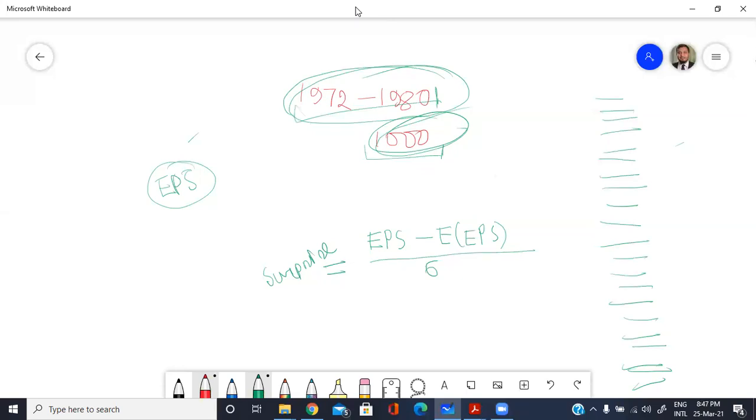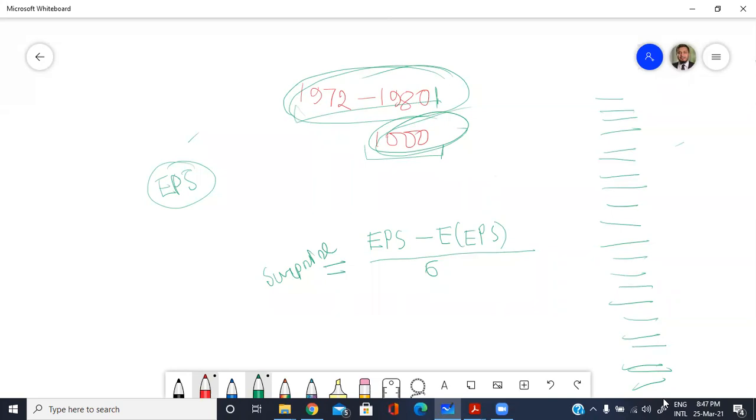I'm not wanting to make you do the calculation. I'm just wanting to make the concept understandable to you. Is the concept understandable to you? If we calculate this for all the events for 1,000 firms for this period, we will have a long list of earnings surprise. Some earnings will have a positive surprise, some will have a negative, and some will have no surprise.